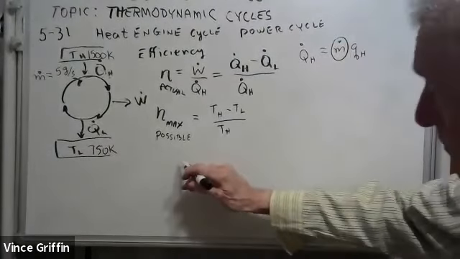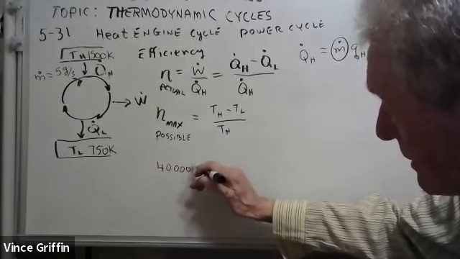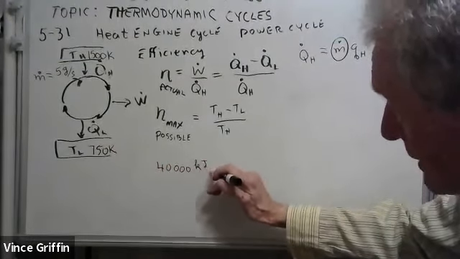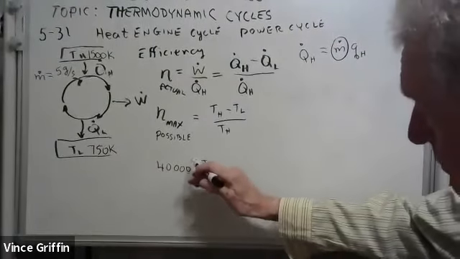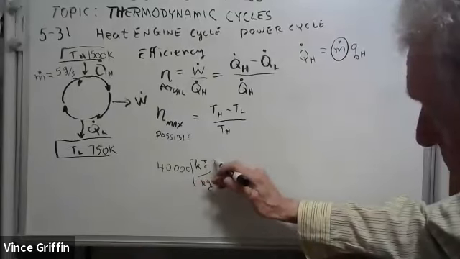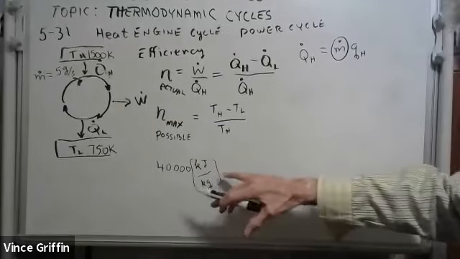There we go. The fuel provides 40,000 kilojoules per kilogram. Let me write that down. 40,000 kilojoules per kilogram. You might wonder, well, what is that? Well, here's why units are so important. I can tell what that is by the units.